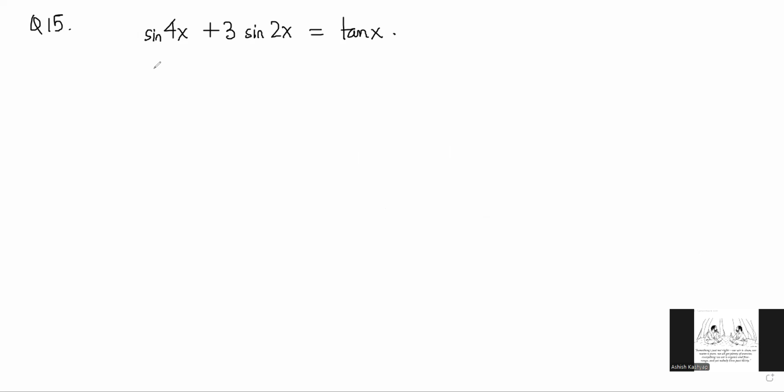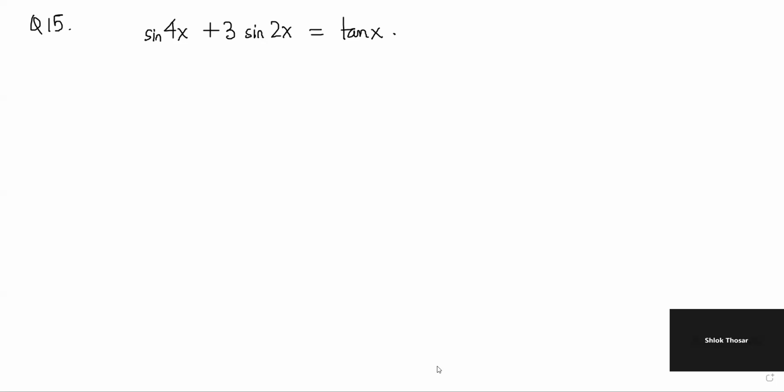Okay, so has anybody done this question? Yes, sir. Sir, is it x is equal to 2n pi plus minus pi by 3, where n belongs to integers? What have you done?